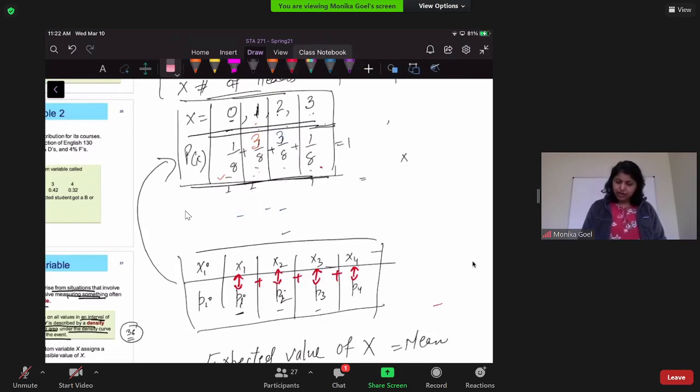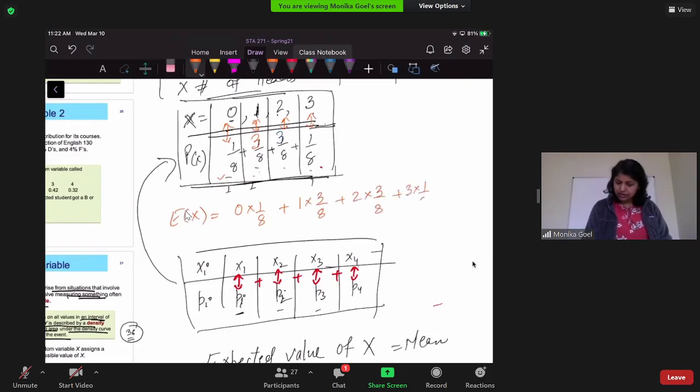So if we are finding the expected value of x, we take a random variable x. You can take it y, z, whatever you have here. You're finding the expected value of that. So the expected value of x in this case is multiplying the values with their probabilities and then adding. So the expected value or mean is 0 times 1/8 plus 1 times 3/8 plus 2 times 3/8 plus 3 times 1/8.